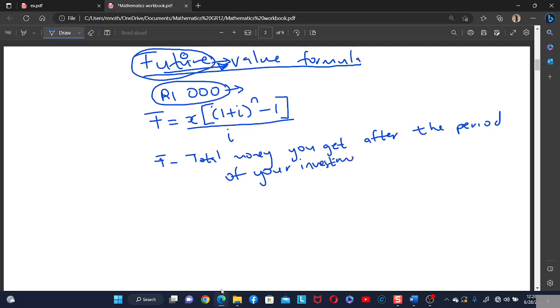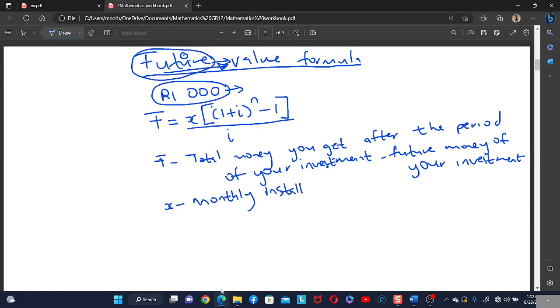Okay, so actually this is the future money of your investment. Okay, and then X. X stands for the monthly installment or monthly payments that you will be making. So it's the monthly installment or monthly payment that you will be making.